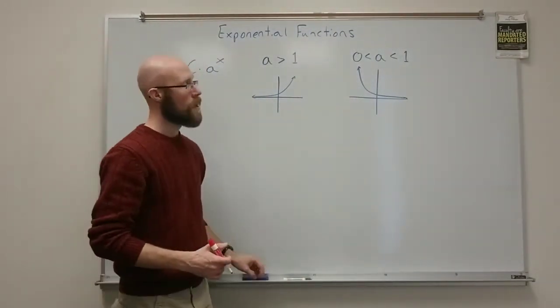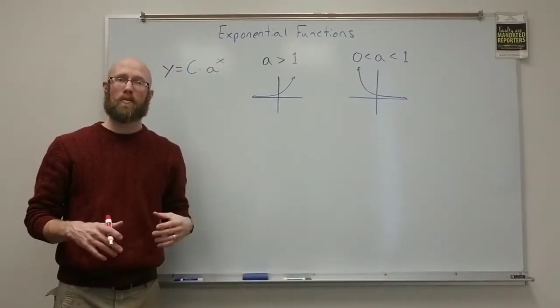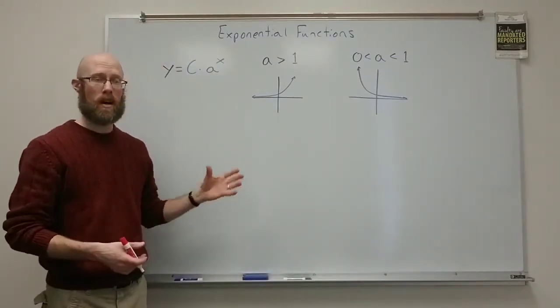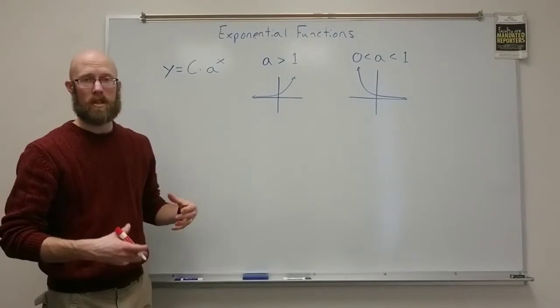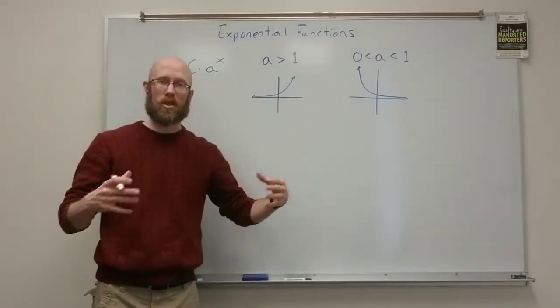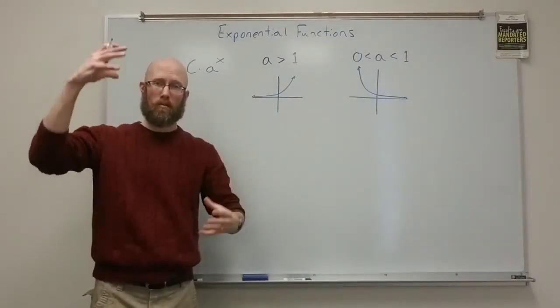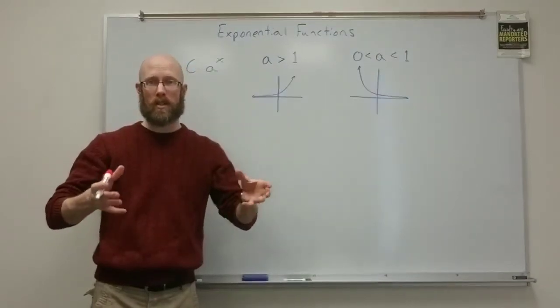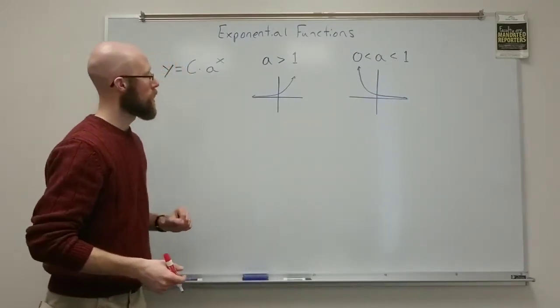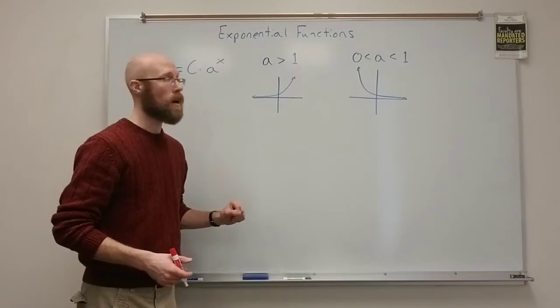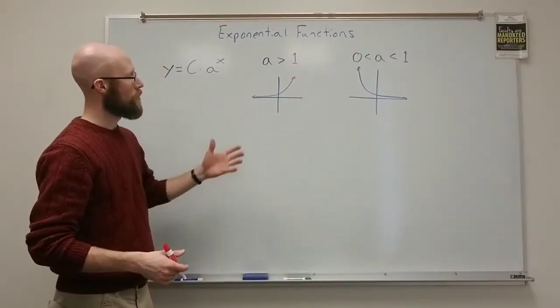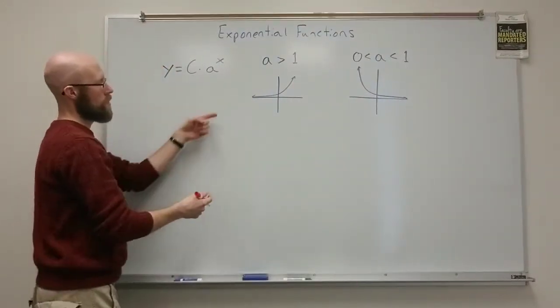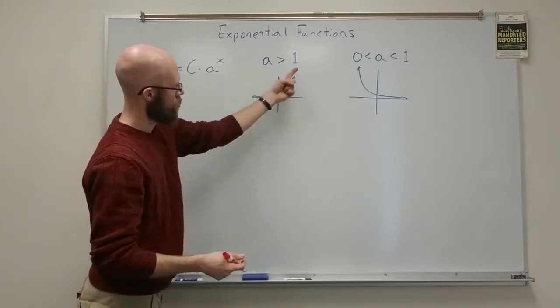Okay. Now, we can also perform transformations on these functions. We've seen transformations, your vertical and horizontal shifts, your vertical and horizontal compressions, and your reflections, both vertical and horizontal. And so, if I were to take a function, this is an exponential growth.